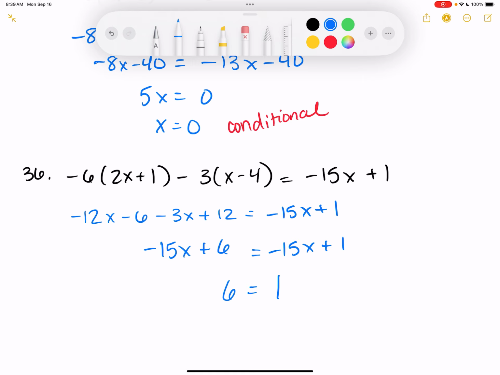Either way, what is this? A contradiction. I can't spell. Hold on. There we go. So there's a couple different ways you could end this problem, and it would all still be right because it's a contradiction.